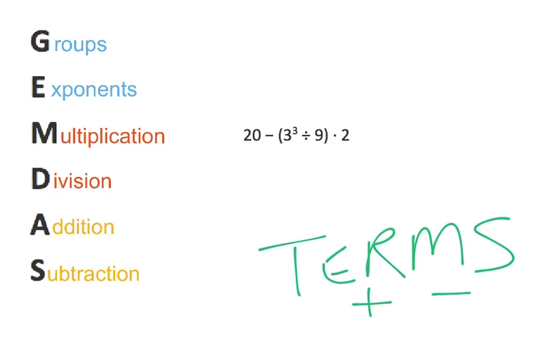I only see 1, which means this 20 is a term by itself, and all this other stuff belongs to one term. Because remember, all that division and multiplication is sticky. It's sticking all that stuff together. The subtraction is the only thing that's separating the terms. So here I only have 2 terms.